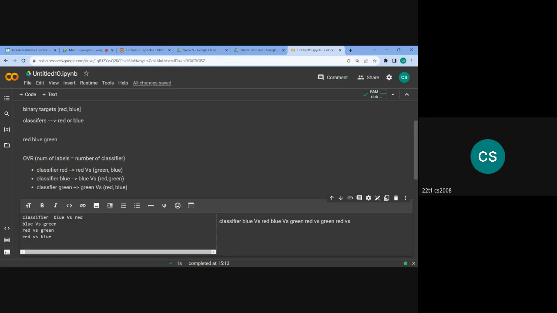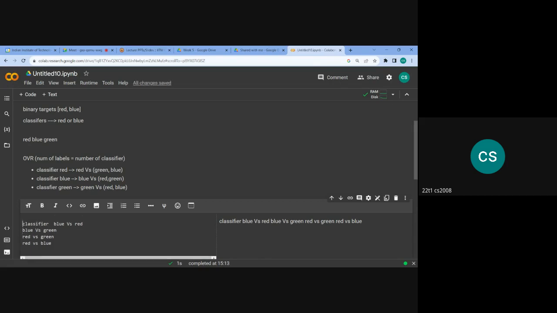So I will require nCr number of classifiers, more will be there. Write it down. Blue versus red is there. Blue versus green is there. Red versus green is there. And green versus blue, I guess that's all that remained.